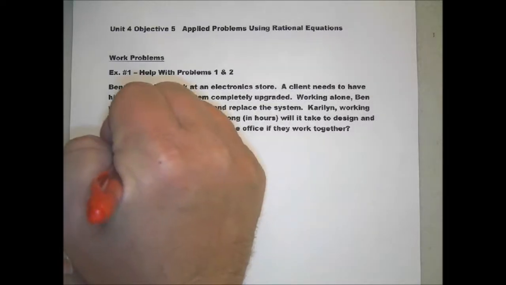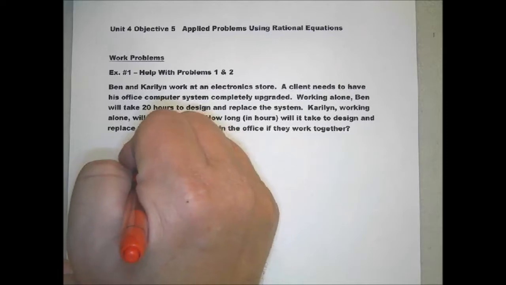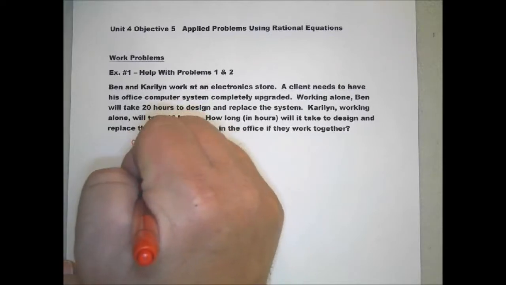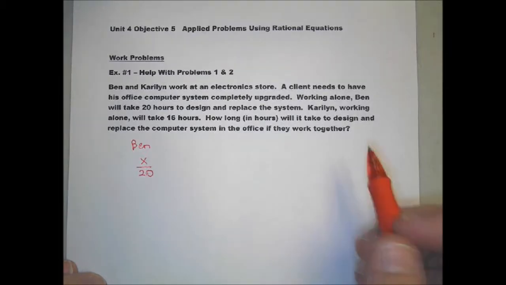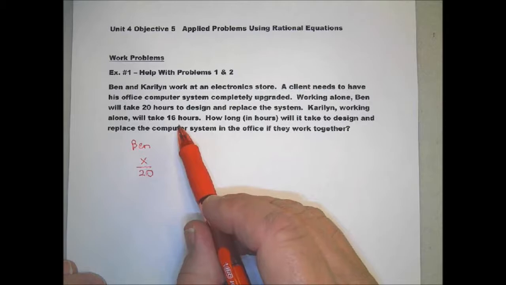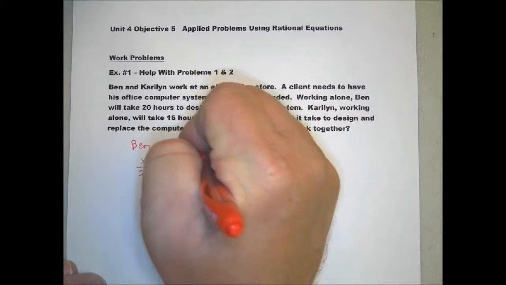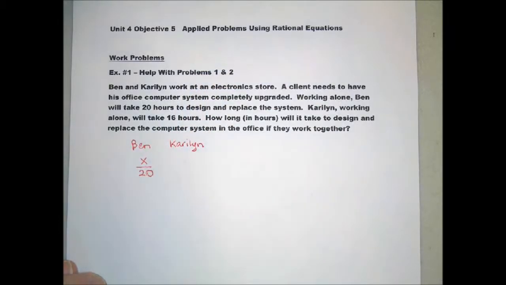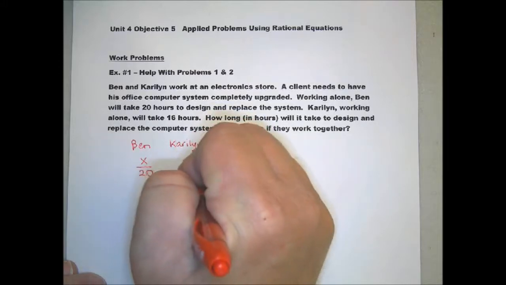So Ben is going to be represented by the fraction x over 20. Now, Carolyn is a little bit more efficient. She could do the job all by herself in 16 hours. So Carolyn is going to have a rate of x over 16.